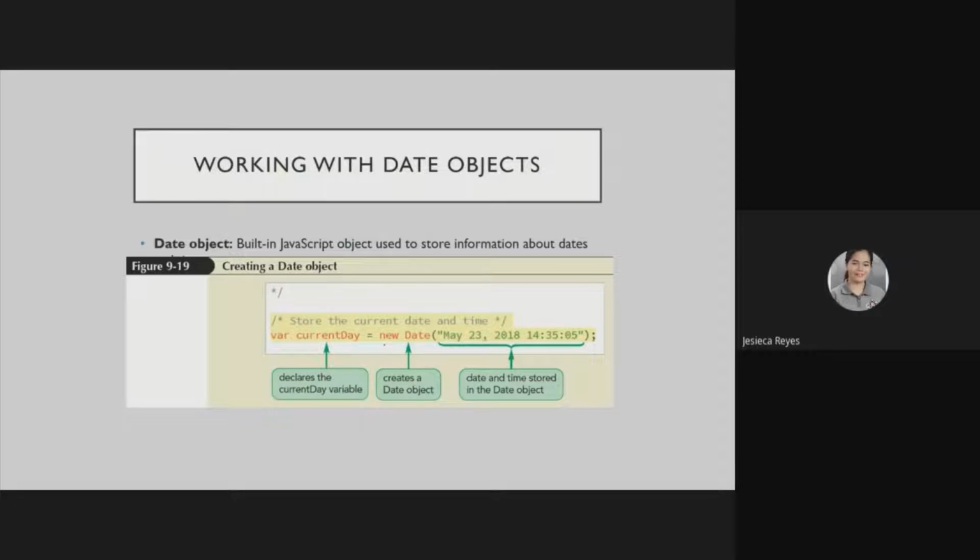So the new keyword will be used to create an object, to instantiate an object. And here the date object is created, and the date and time is stored in the date object. May 23, 2018, 14:35:05.